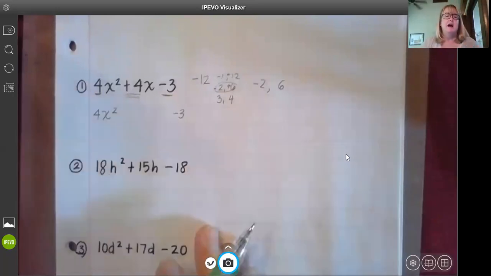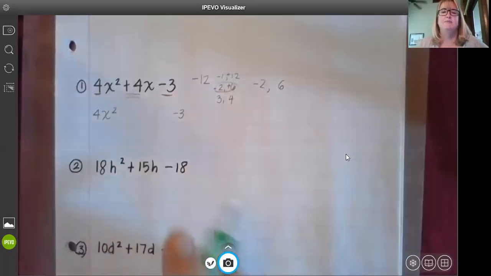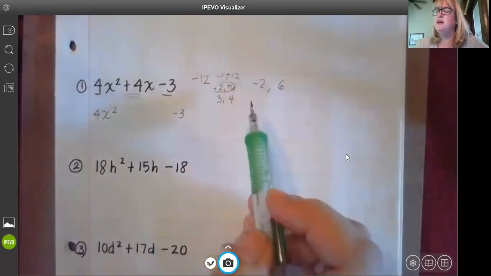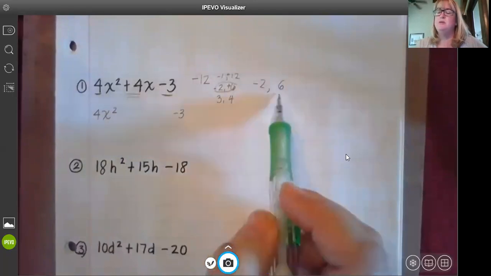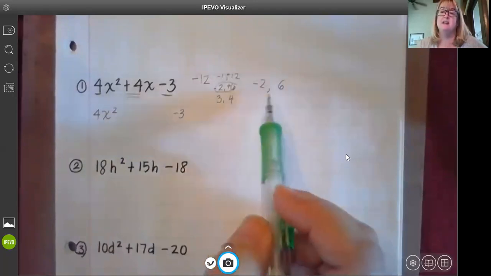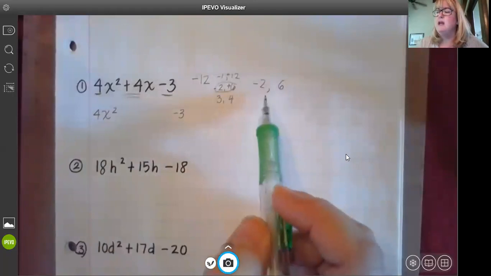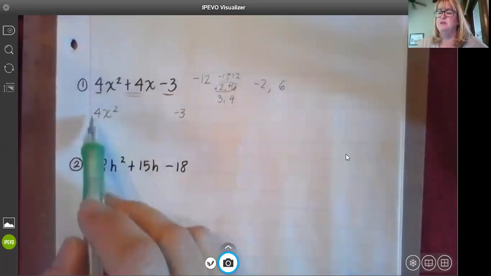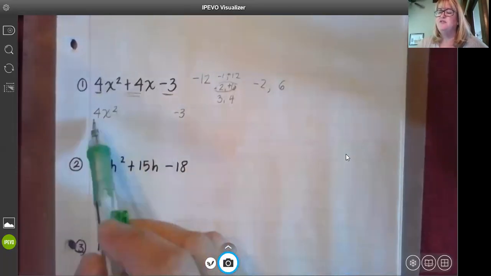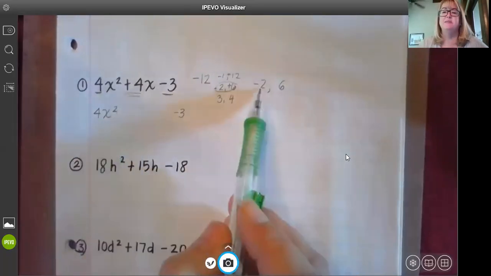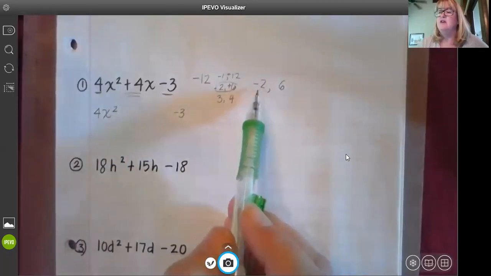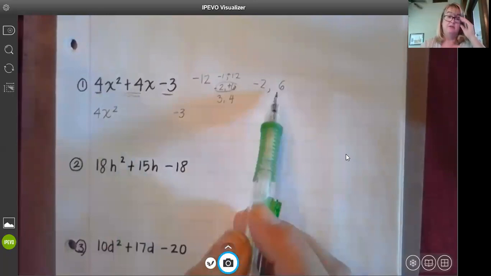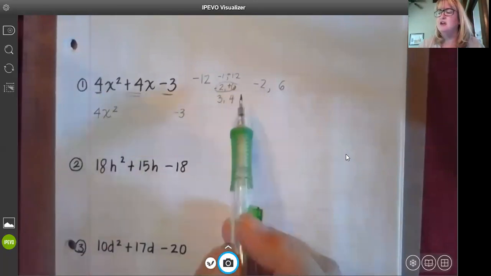Okay. What you need to do is be strategic on which one we put first and which one we put second, because we need to be able to factor something out of the first two terms. So does 4 and -2 have something in common? Does it have a factor in common? That is yes. 4 and 6 also, we could factor something out of there.